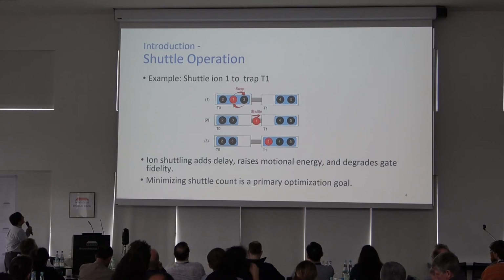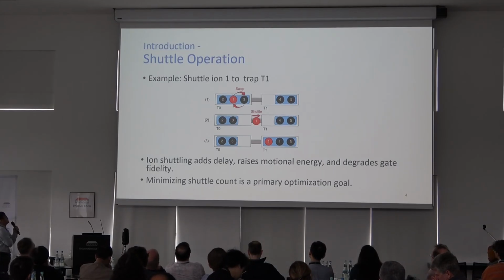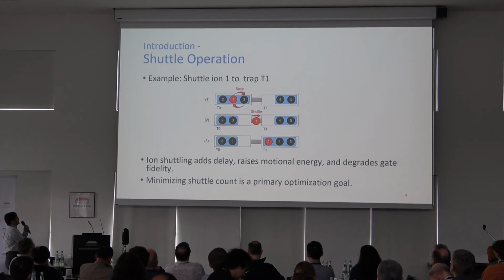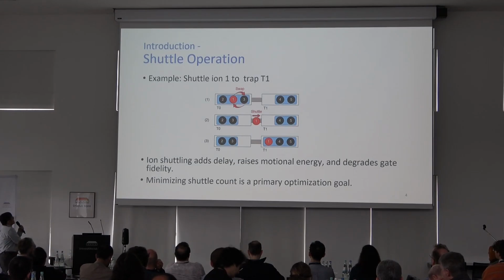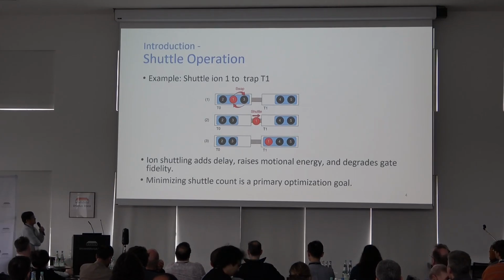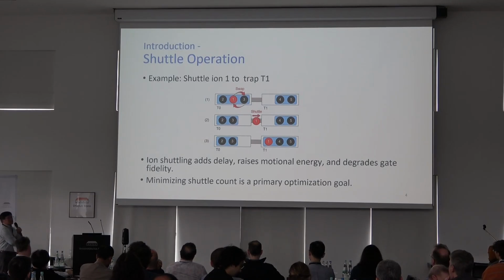First, we have to swap ions 1 and 3 to make ion 1 get to the right edge of trap T0, and then we perform a shuttle operation to move ion 1 into T1. Since ion shuttling adds delays, raises motional energy, and degrades gate fidelity, minimizing shuttle count is a primary optimization goal.